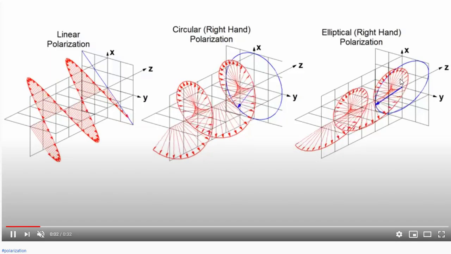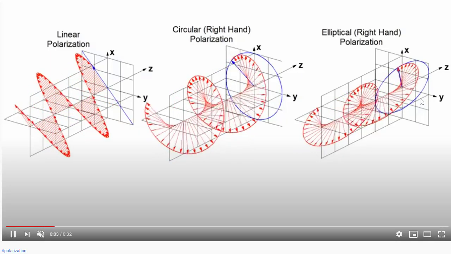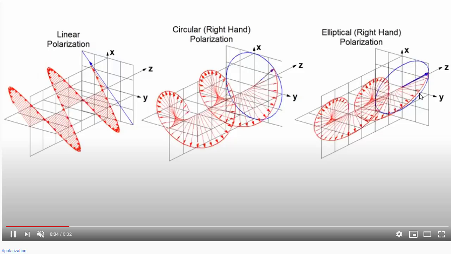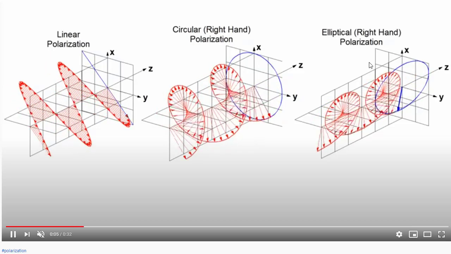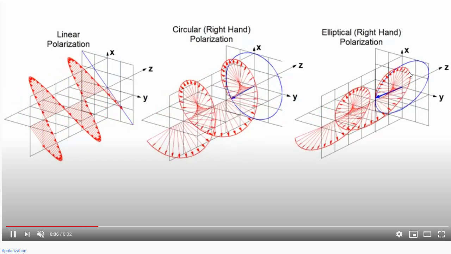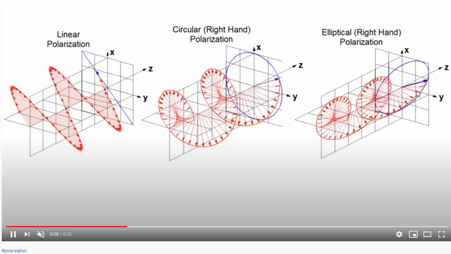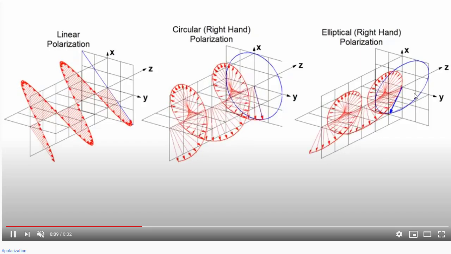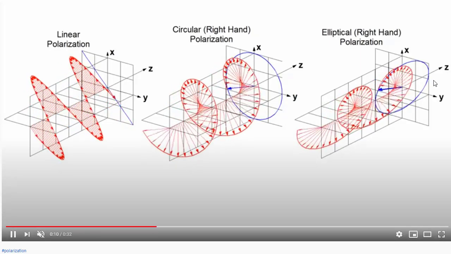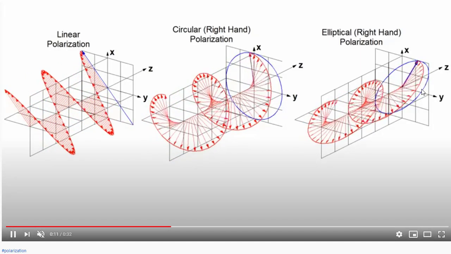And the last situation is that if the criterion of the x and y components being the same is broken, or if the phase between the two is not a multiple of pi half or pi, then you end up having elliptical polarization, in which case the only other thing you need to identify is whether it's right or left hand elliptically polarized.